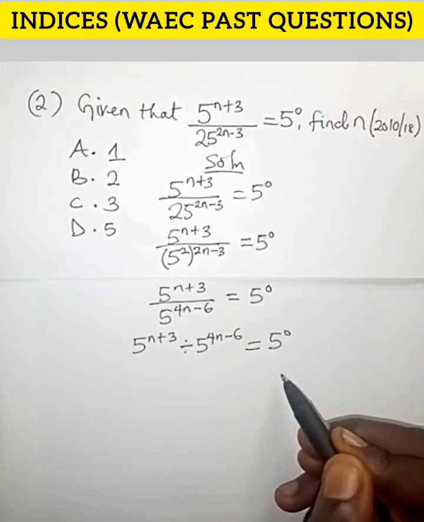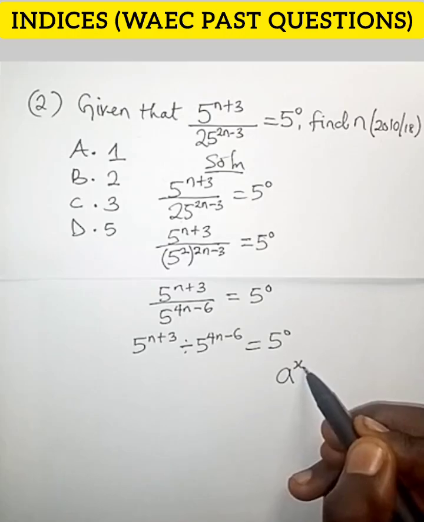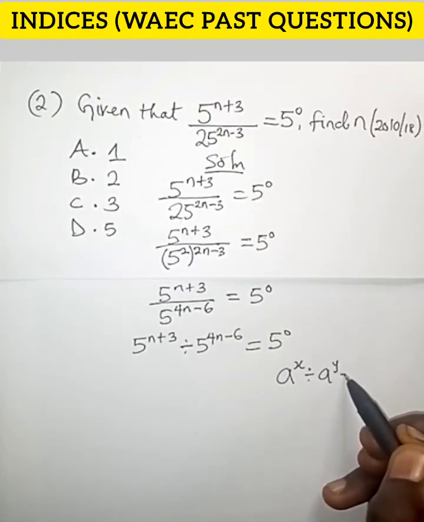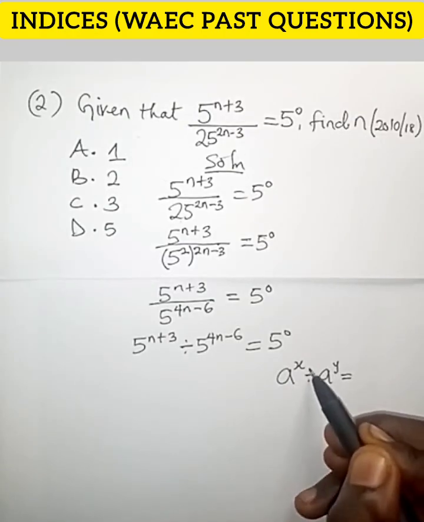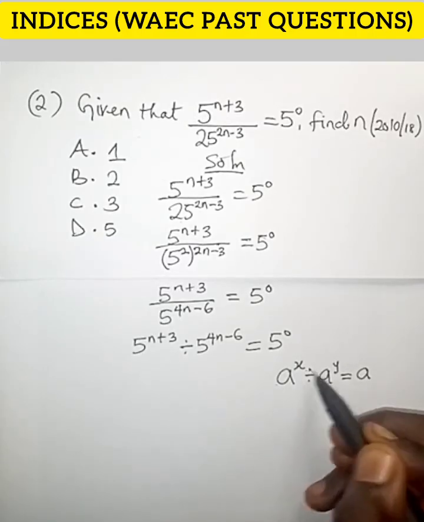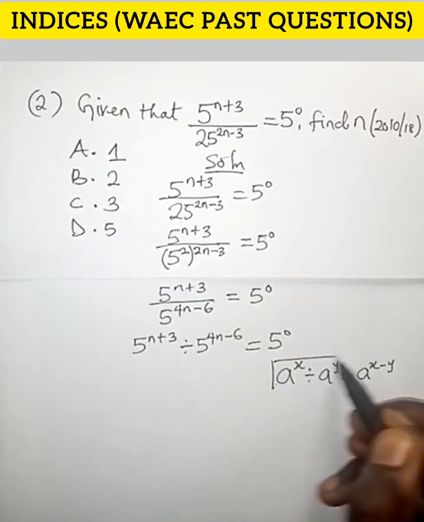Now there's a rule that says when we have a raised to power x divided by a raised to power y, with the same base and division, we pick one of the base and then we subtract the powers. So we apply this rule here.